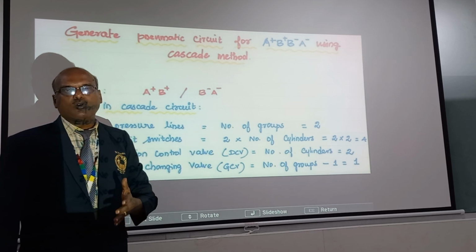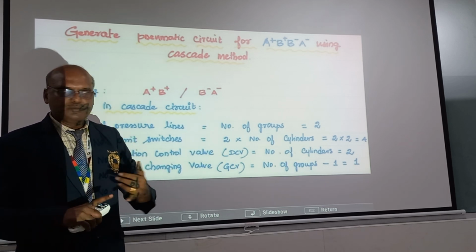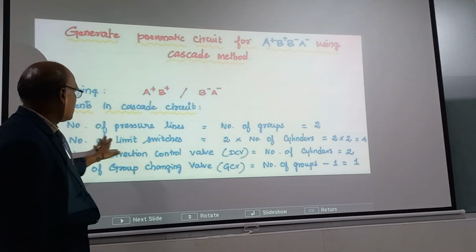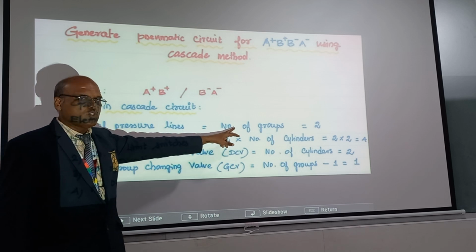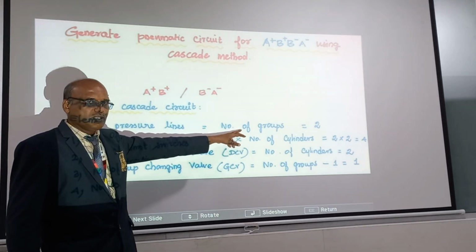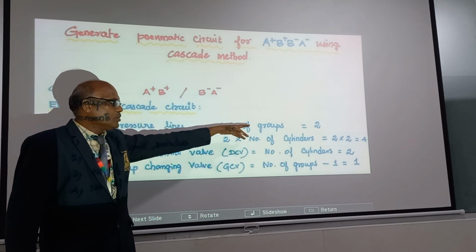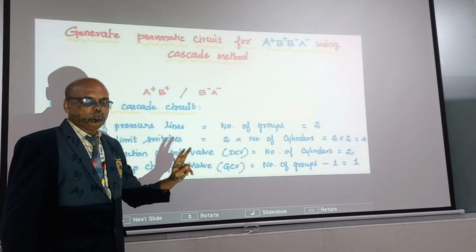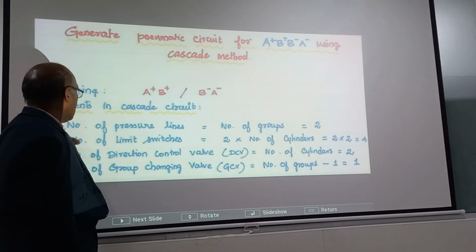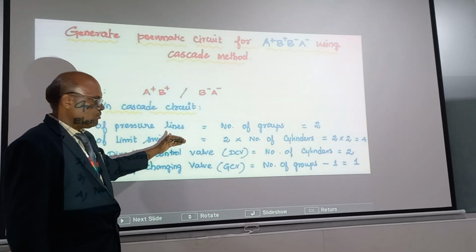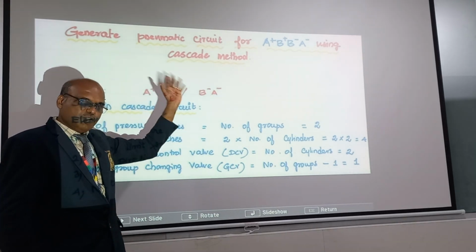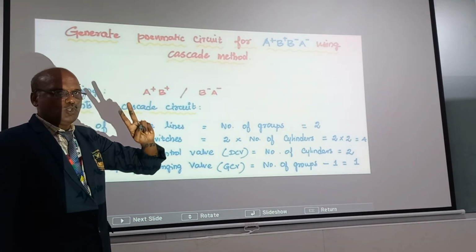Now you have to find out how many pressure lines are required. The number of pressure lines equals the number of groups minus 1. That is the formula. Then the number of limit switches: in the previous slide you saw that each cylinder requires 2 limit switches.